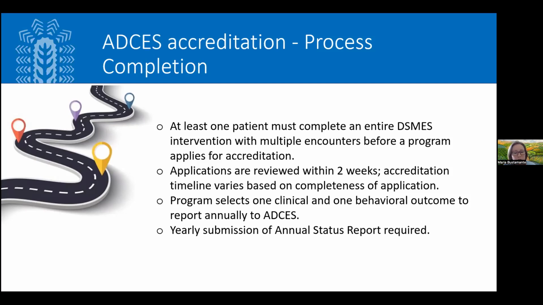The program selects one clinical and one behavioral outcome to be reported annually to ADSES. Here is another point where I would tie it to your clinical metrics, right? You're already taking those clinical metrics, those A1Cs, blood pressure, and one behavioral outcome may be something that you're interested in, maybe medication adherence or whatever it is, but tie it to your actual health center's goals.